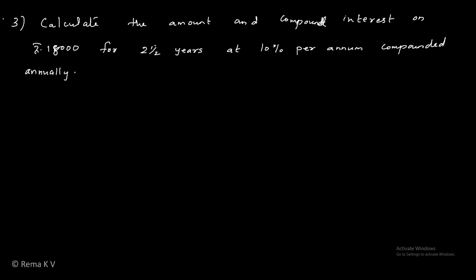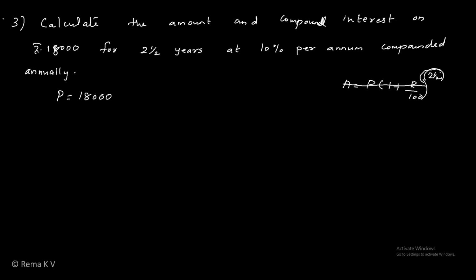See, in this question, P is 18,000. N is given as 2.5. But if you apply this formula, P into 1 plus R by 100 the whole raised to N, and write 2.5 in this place, we cannot find this directly.